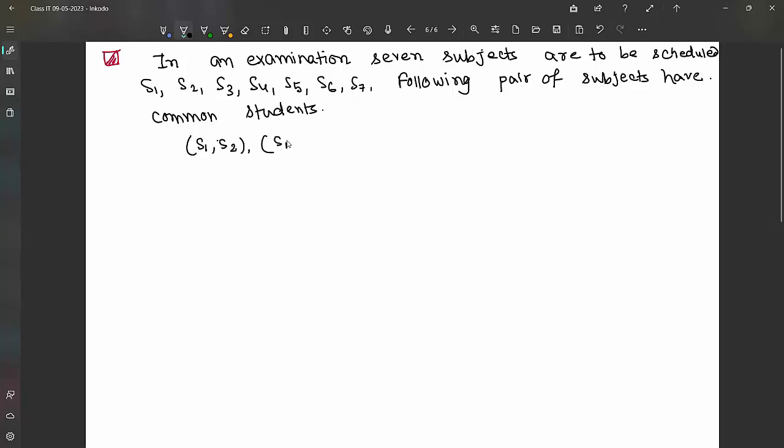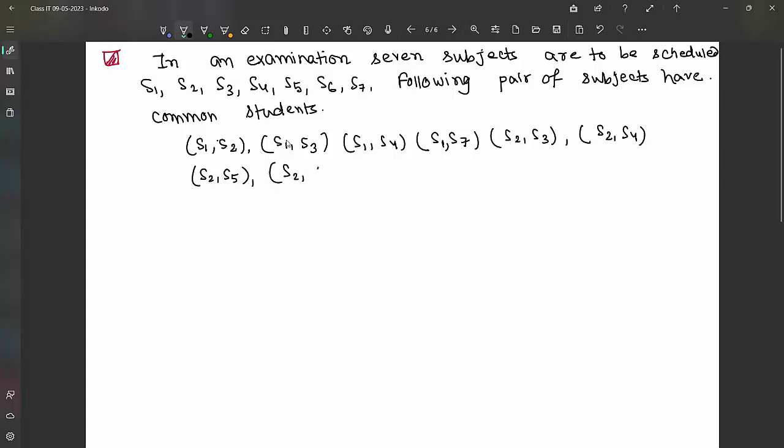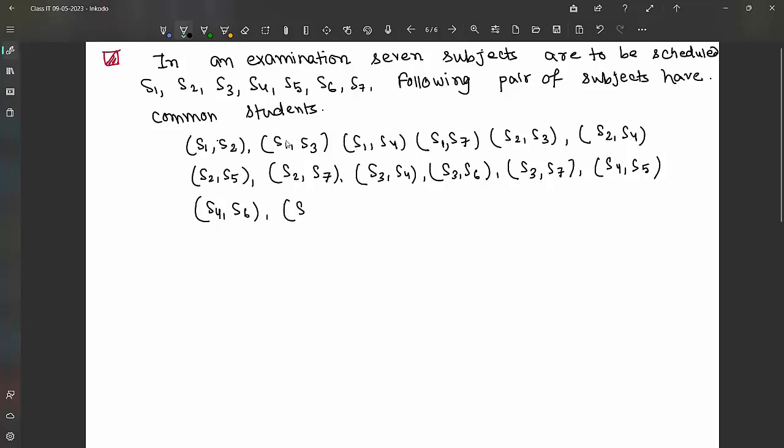So again, suppose S1, S3, then S1, S4. After that, suppose S1, S7, and then S2, S3, then S2, S4, and then suppose S2, S5, S2, S7, and S3, S4, S3, S6, then S3, S7, S4, S5, S4, S6, then S5, S6, and then S5, S7.